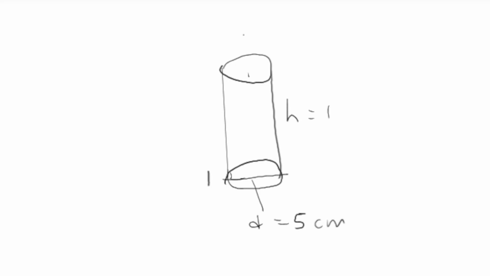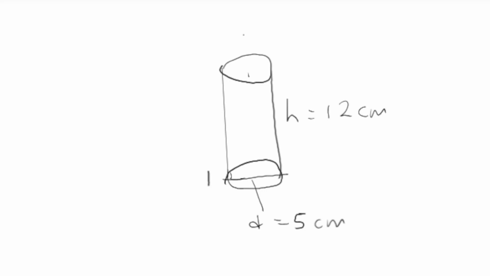There's like a cylinder. And it's not always that you have it in a shape form. Sometimes it will just be in word form, and then it has a diameter. D is equal to 5 centimeters, and then it has a height of 12 centimeters.